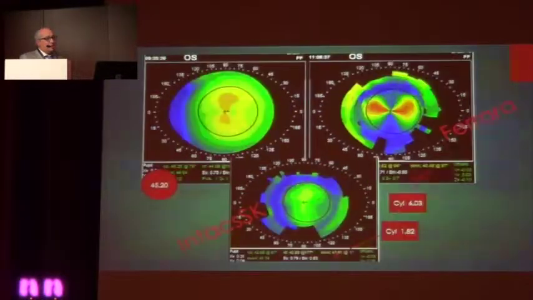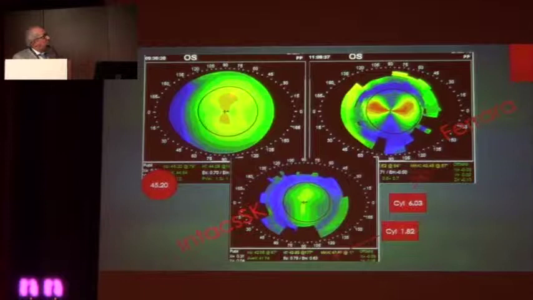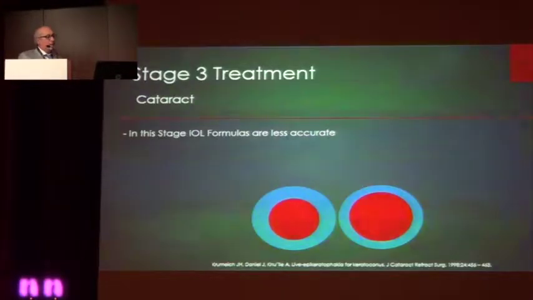In these patients, when you put Ferrara rings, a bigger astigmatism is created. Intacs don't create this high astigmatism. In this type of patients, IOL formulas are less accurate.